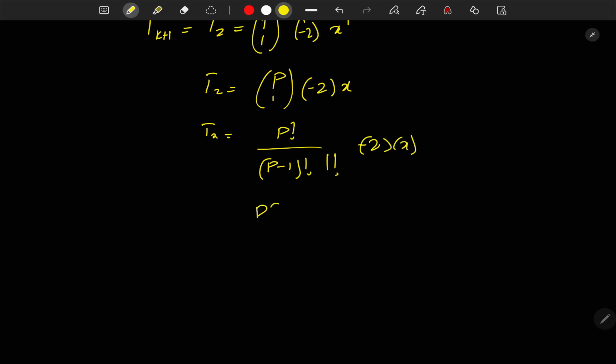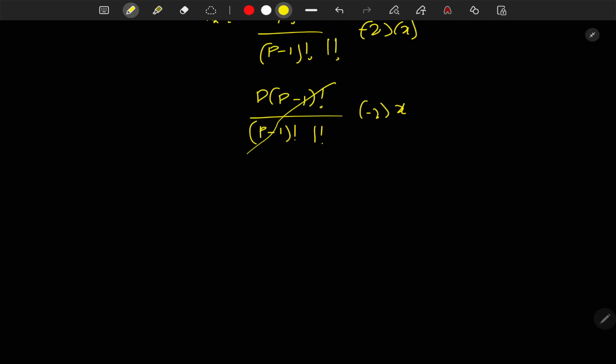This will just give us p. If we distribute it one more time, it becomes p minus 1 factorial and 1 factorial, times negative 2x there. That and that gone. We have p. 1 factorial is just 1, so we get negative 2p, x. Okay, that's what we are getting now.